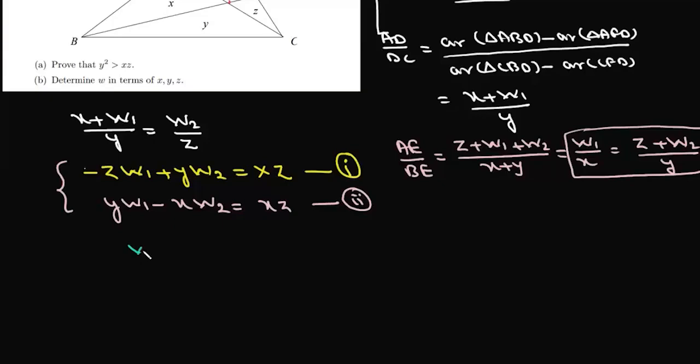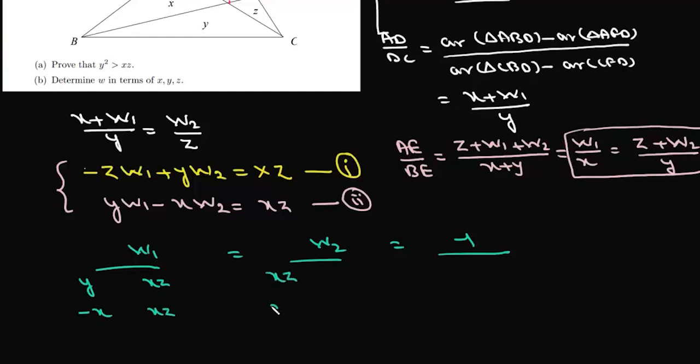So we can write W1, W2, and this is minus 1. Now this is B1, B2. So this is Y minus X, XZ, XZ.